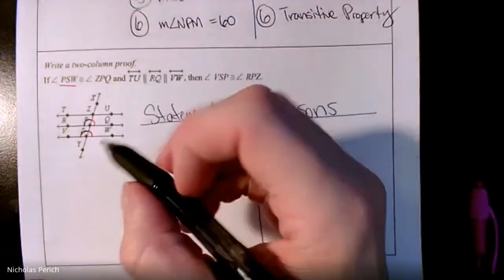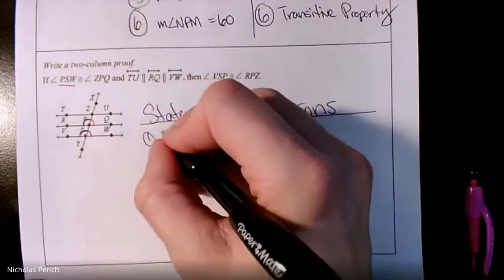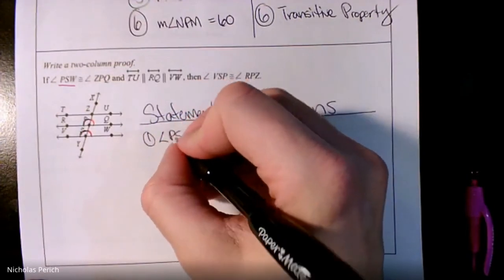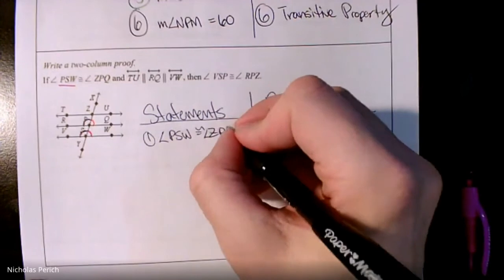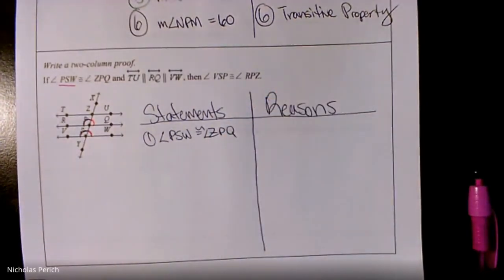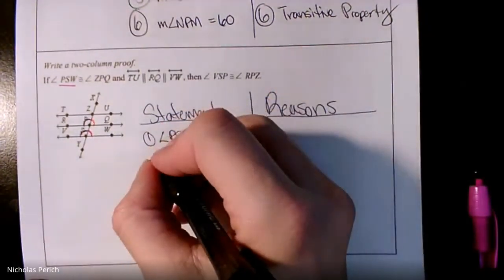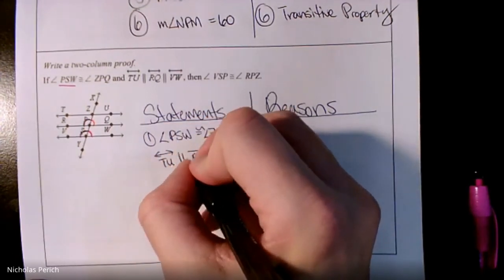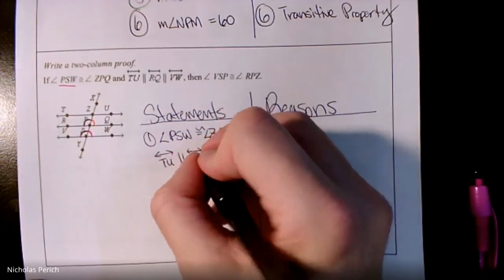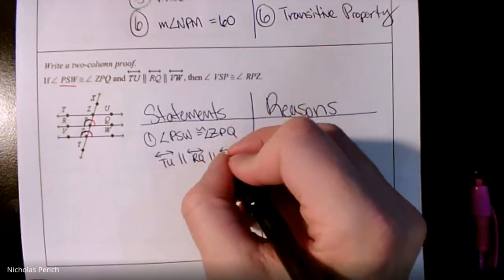I have my statements: PSW is congruent to ZPQ. I also have that TU is parallel to RQ, which is also parallel to VW.